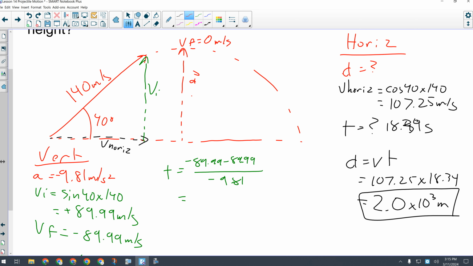I always do it this way: VF squared equals VI squared plus 2AD, because I always forget to divide by 2, which is what happens to most people. So D equals VF squared minus VI squared over 2A, which is 0 squared minus 89.99 squared divided by 2 times negative 9.81.